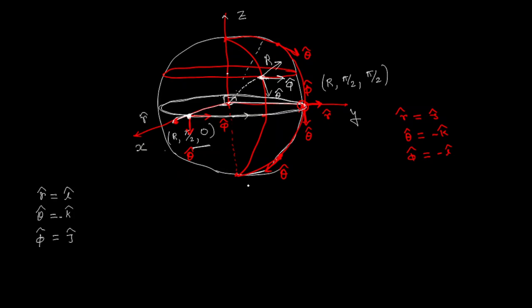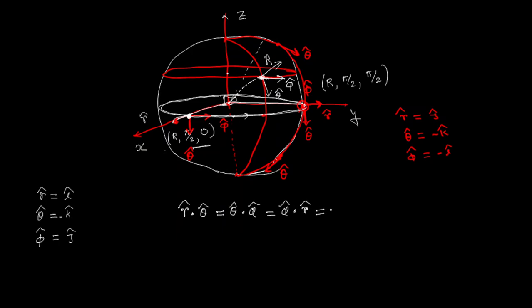Then the next thing we have to remember, one more thing here. Now we have already written here r cap, theta cap, phi cap. So you can do a homework. Just take the dot product of r cap with theta cap, or theta cap with phi cap, or phi cap with r cap.